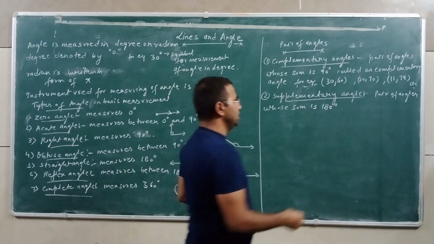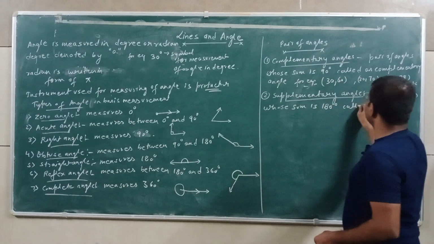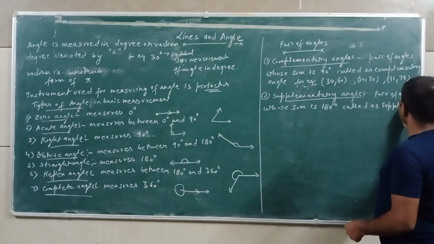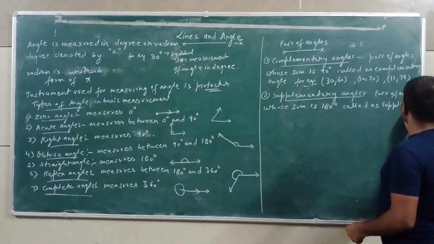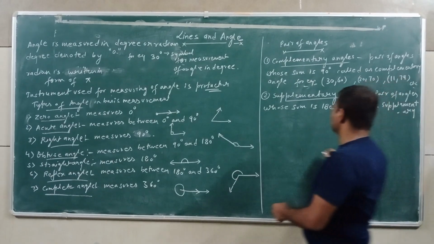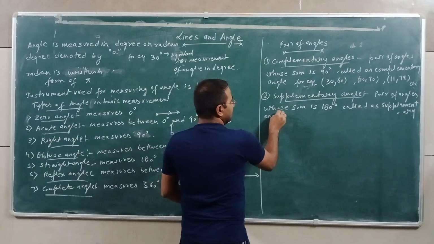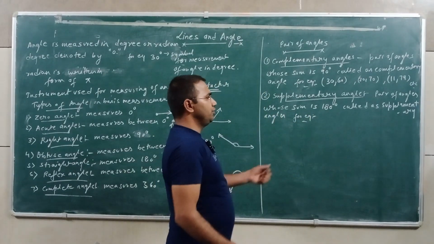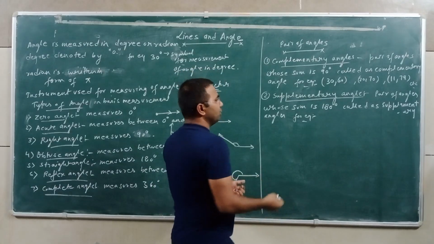A pair of angles whose sum is 180 degree is called supplementary angles. Okay. For example, you have to take any two angles whose sum will be 180.